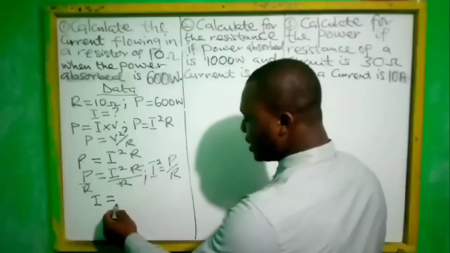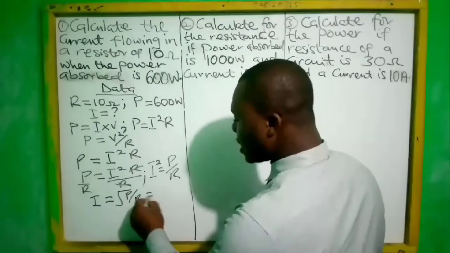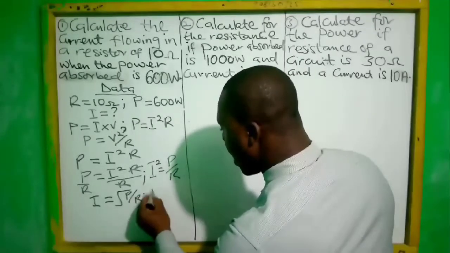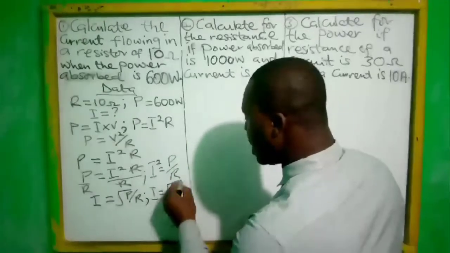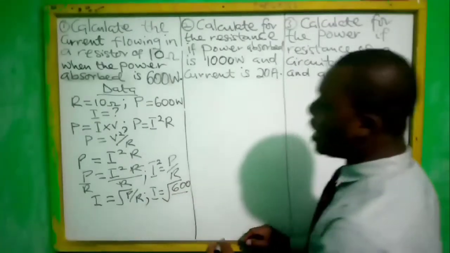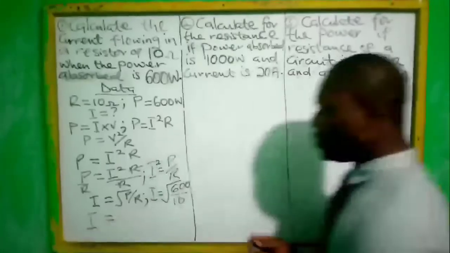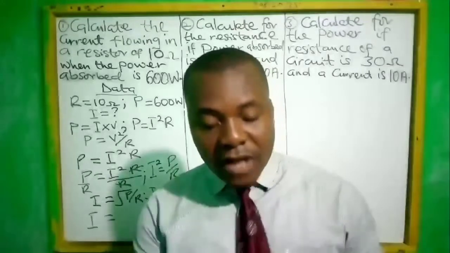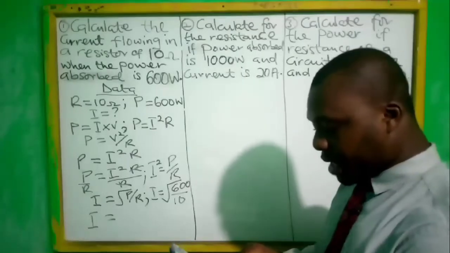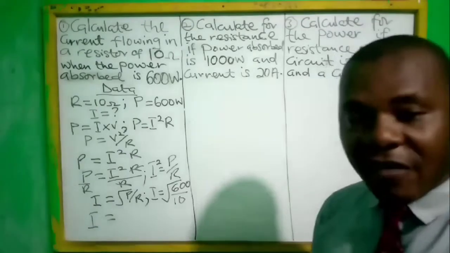So it becomes square root of power over R, which is equal to, so which we can say our I is equal to, our power is what? 600, divided by our resistance, which is 10. So I is equal to square root of 600 divided by 10. We have our answer as 7.74.